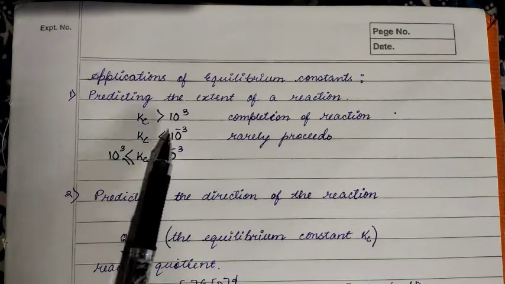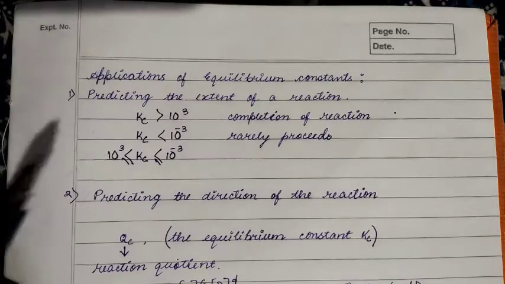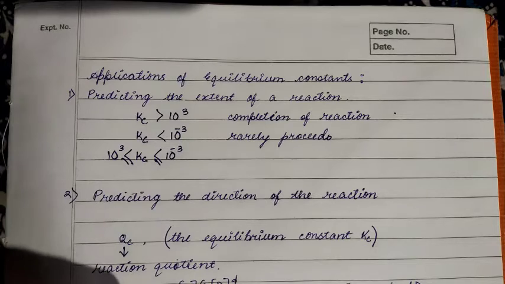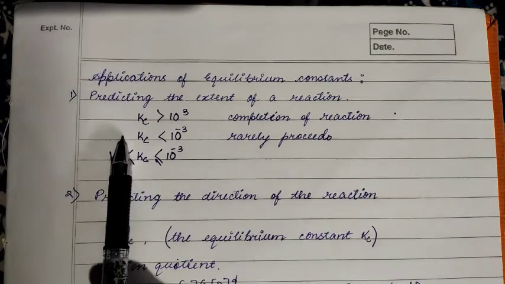Now if Kc is less than 10 to the power minus 3, one thing you notice here is that lesser than 10 to the power minus 3 will be 10 to the power minus 4, because on a scale, first negative, then 0, then positive, it is in increasing order from the left-hand side.